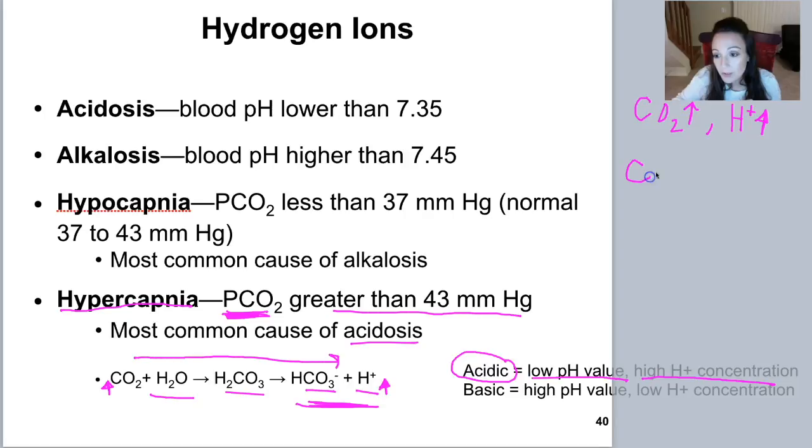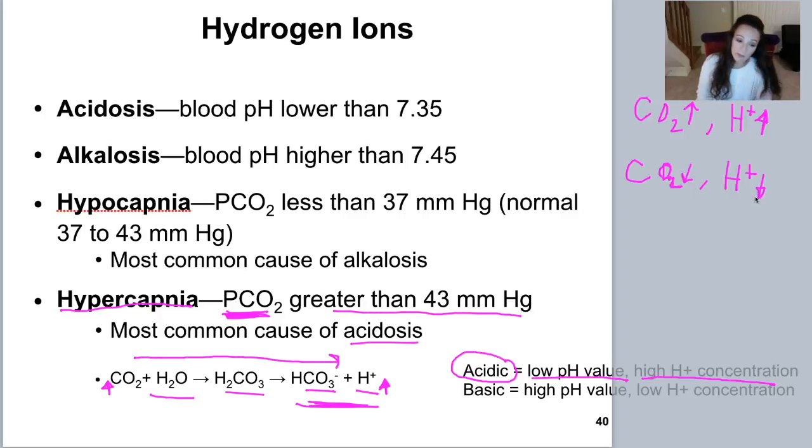And whenever our CO2 levels are low, that will cause our hydrogen ion levels to also be low, okay? You should just write this in your notes though.